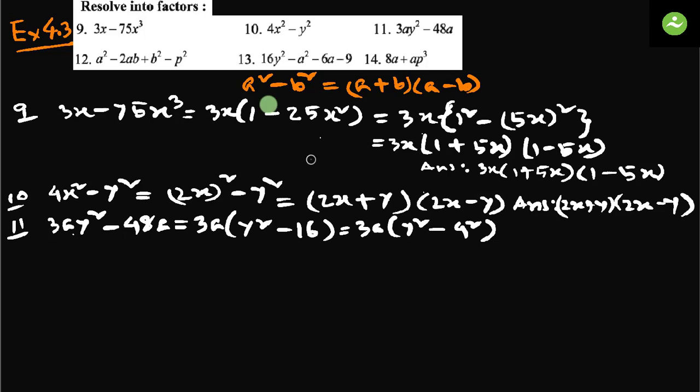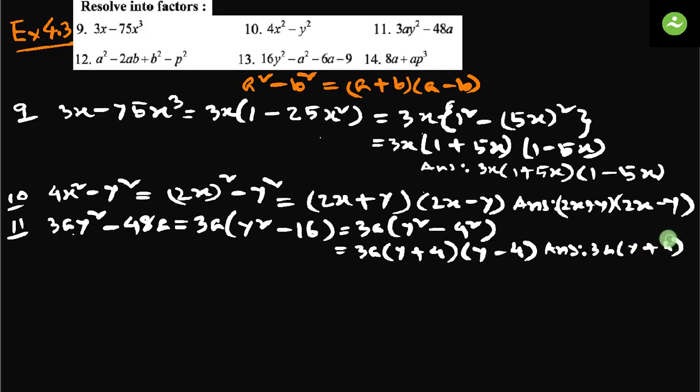Now we can apply the formula a square minus b square, which gives 3a into y plus 4 into y minus 4. This is the answer: 3a into y plus 4 into y minus 4.